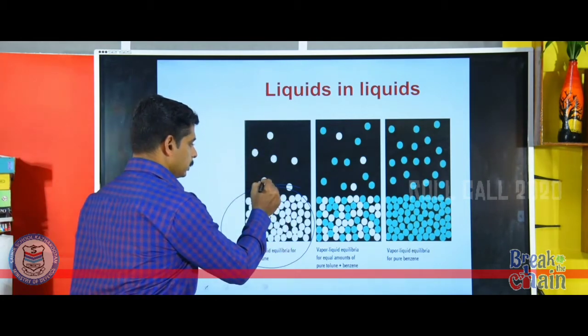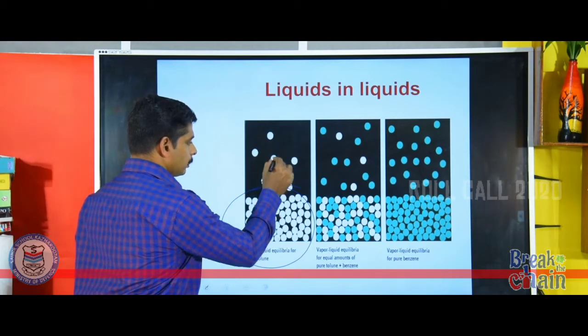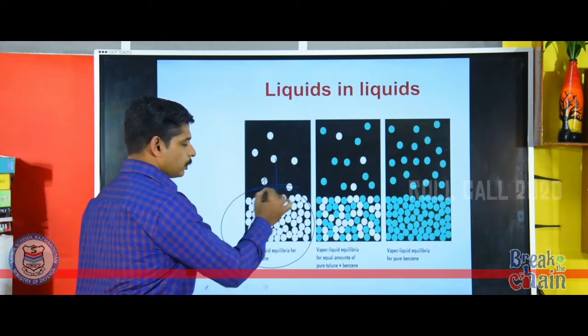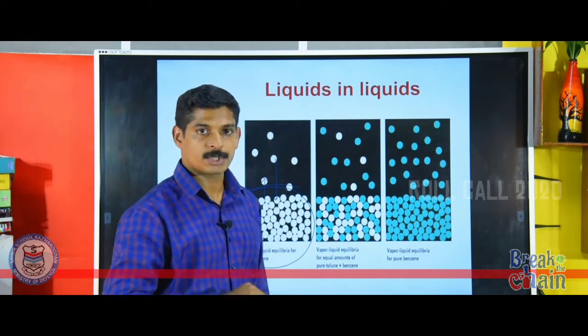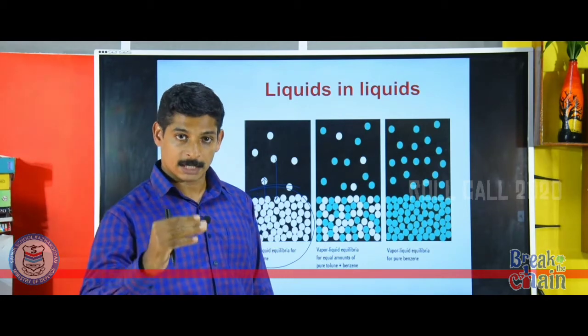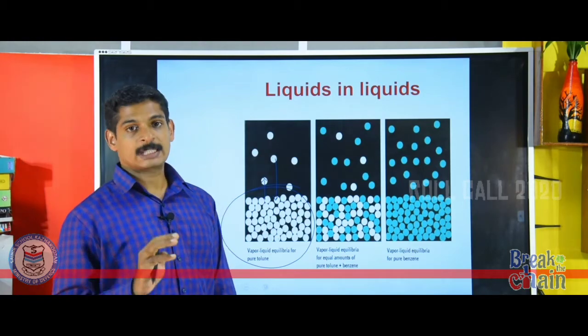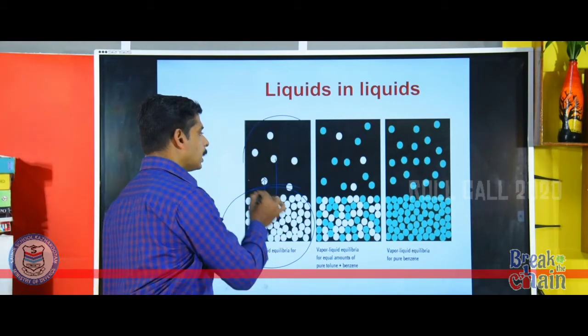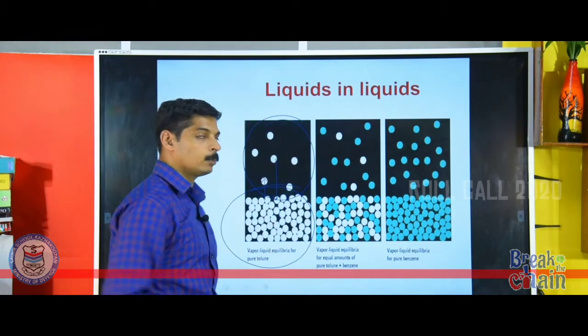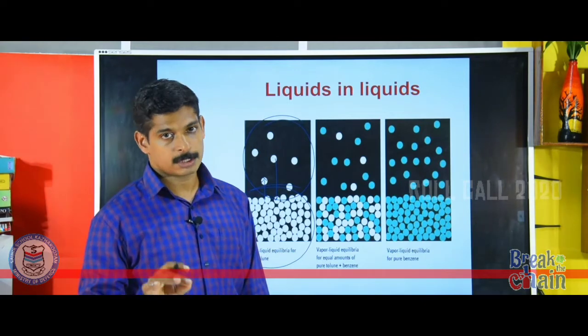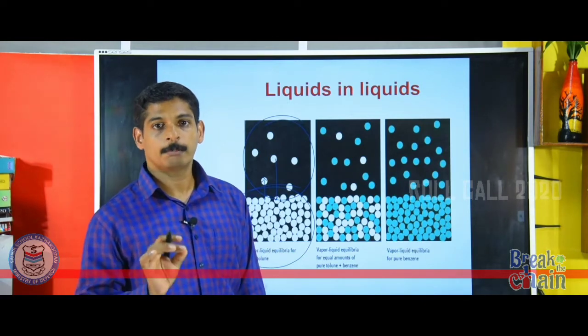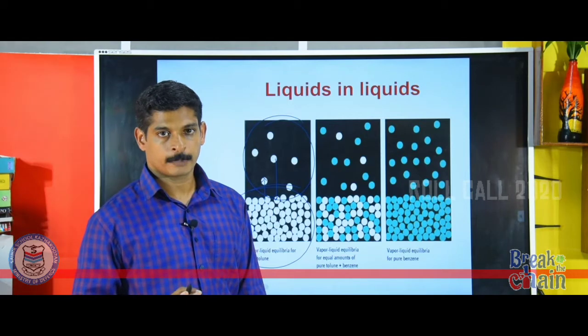So, this is the vapor and this is the liquid. The evaporation and condensation take place simultaneously and at the same rate, so that the net change will be 0, and the pressure exerted by the vapors above the liquid, that is above this toluene, will be constant, and we call that the vapor pressure of toluene.